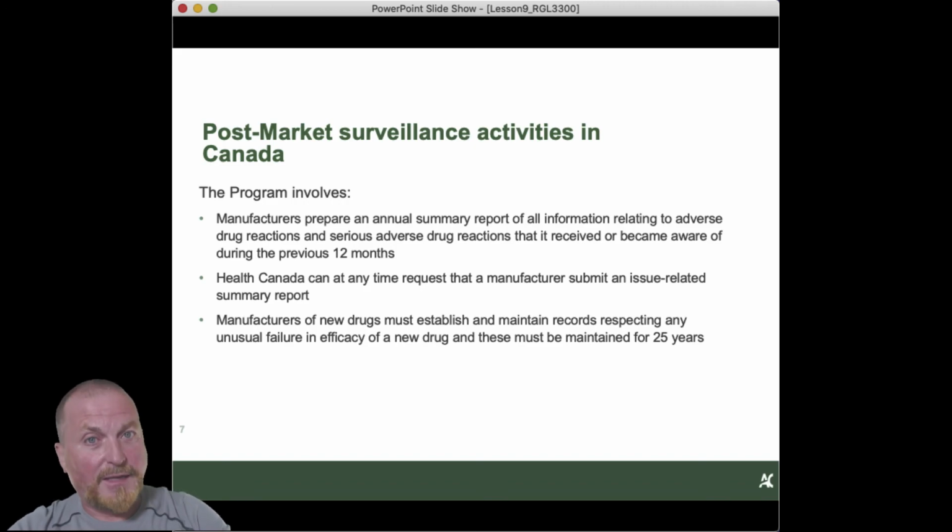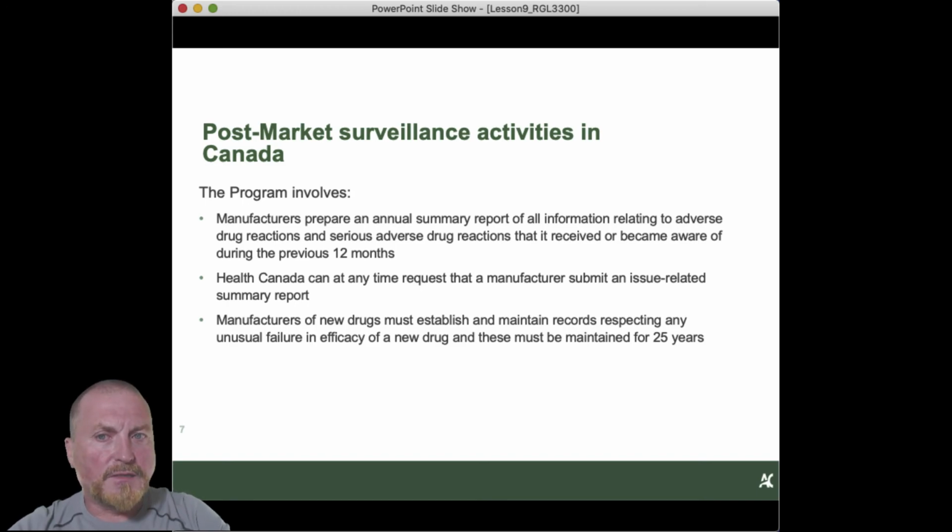If a particular incident, like we're finding out that there's a lot more allergy incidents related to the drug, Health Canada will call up and say, we would like a specialized issue-related summary report on this problem. How serious is it? How many reports are you getting, and so on. All right.